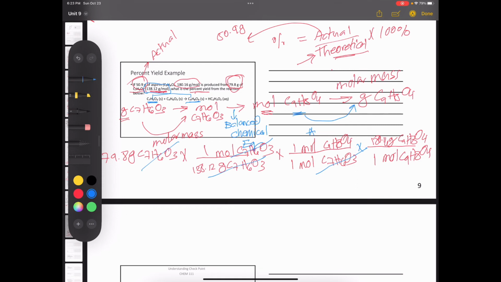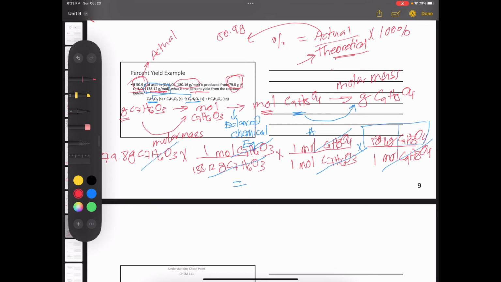Again, following up with my cancellation, I will cancel out moles of aspirin with moles of aspirin. Now I am left with grams of aspirin, which is exactly the unit that I am required to reach at the end of my calculation.